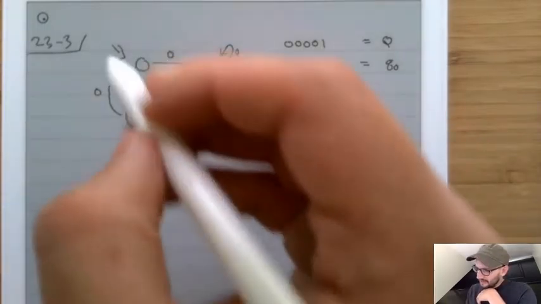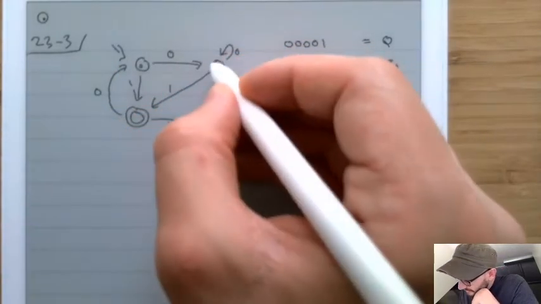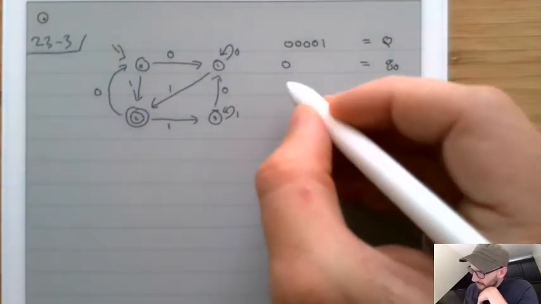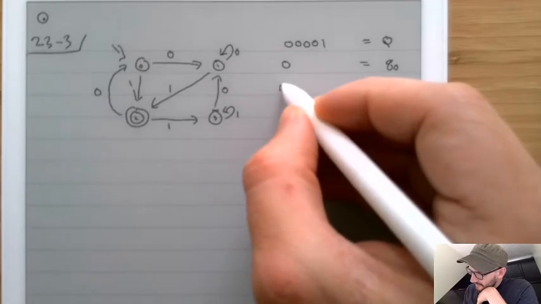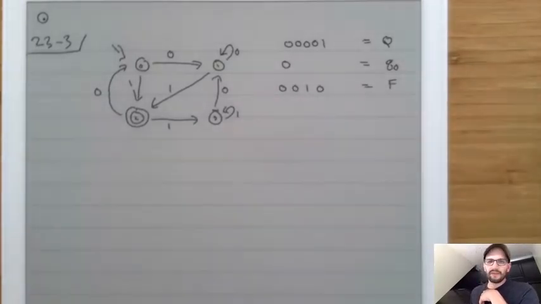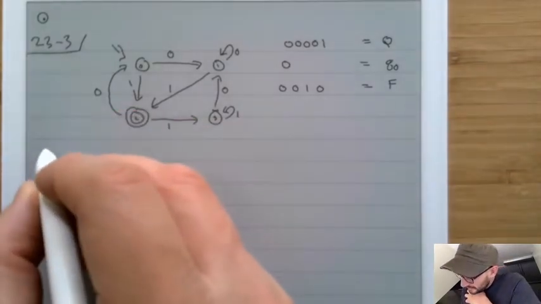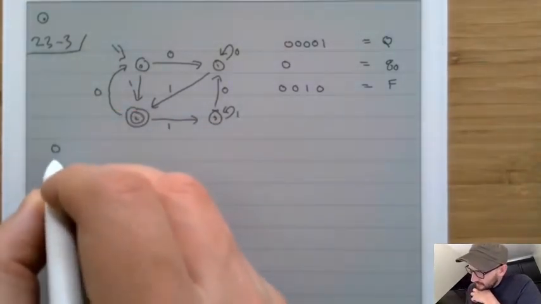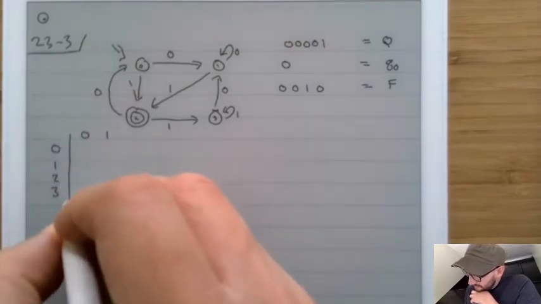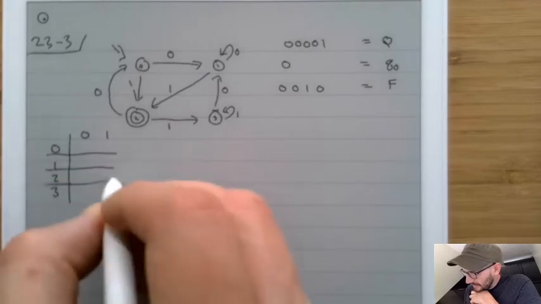So let's say that this is 0, this is 1, this is 2, and this is 3. That means that our F is 0, 0, 1, 0, and so that's F. Then we need to do delta. Okay, so what's delta? Well, delta has 0, 1, 2, 3, 0, 1. Okay, so what is the table?